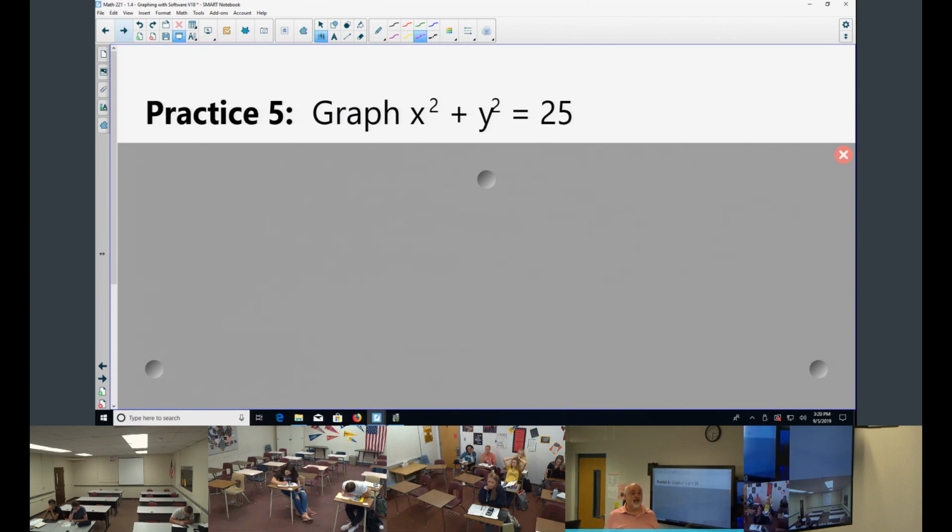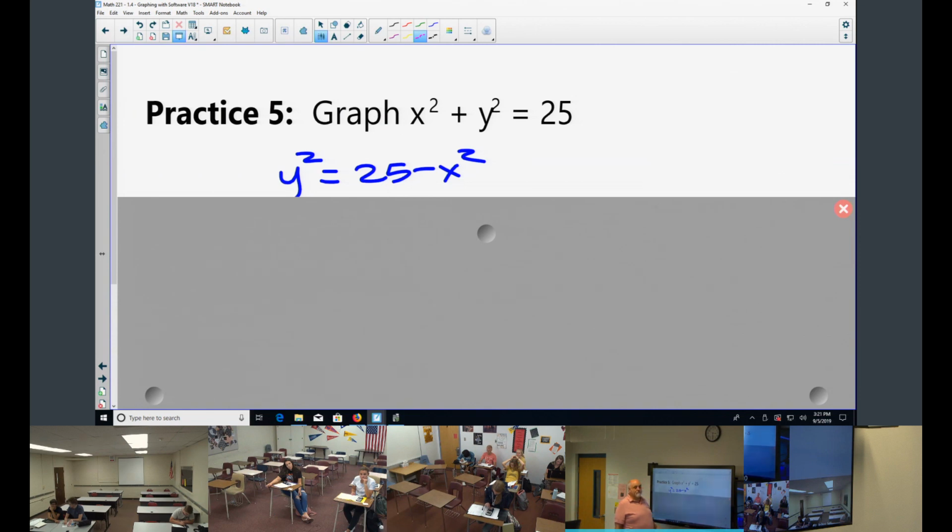Isolate the y. So what's the algebra here to solve it for y? Subtract x squared. So it's 25 minus x squared. Then what?